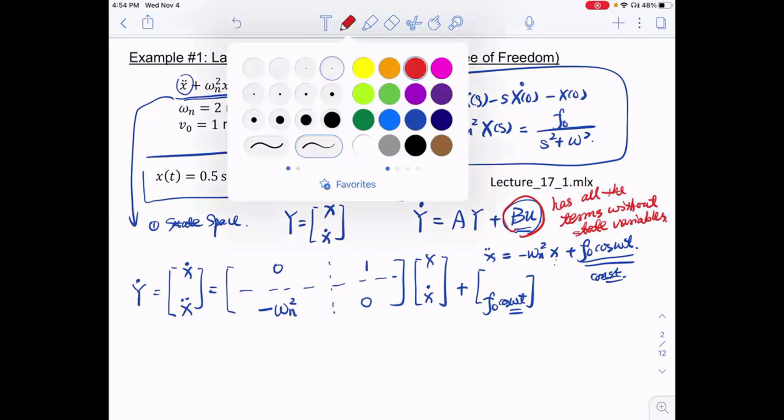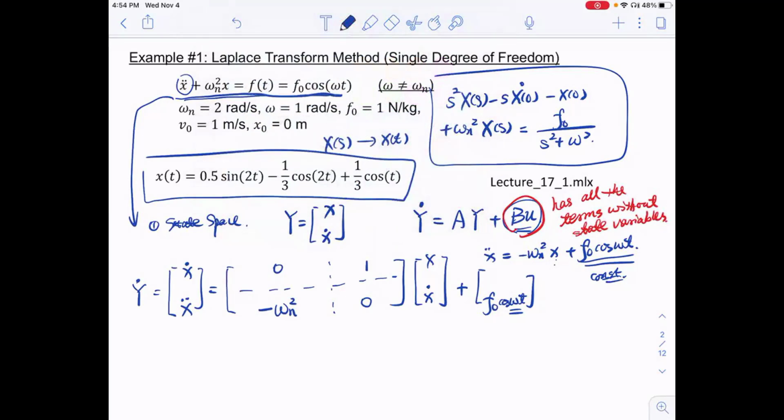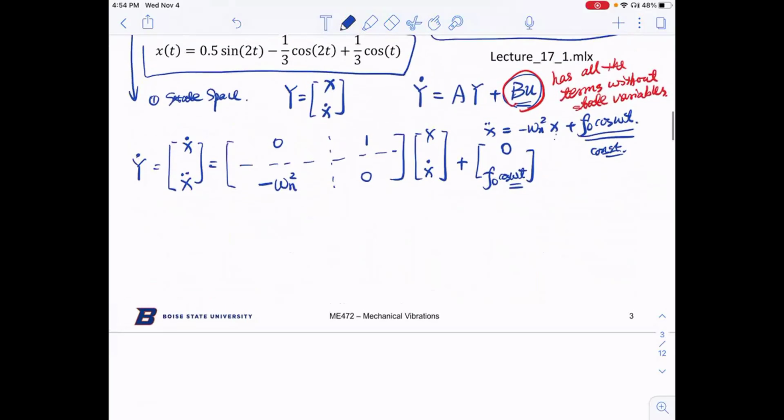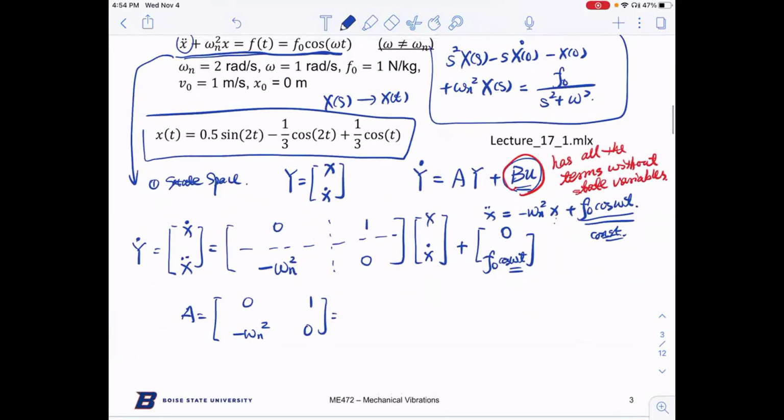All right. Then the first equation, because x dot equals x dot, has no terms without state variables, so it's just 0. So up to this point, we find out our A matrix is 0, 1, minus omega squared, 0. And then you can plug in what we have here.